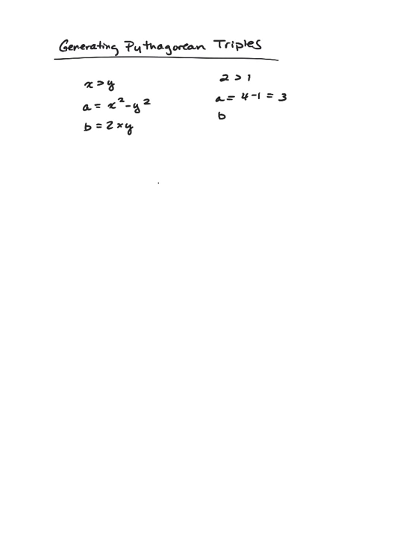So here, b would be 2 times 2, times 1, so that would be 4. C is equal to x squared plus y squared, so c would be equal to 2 squared plus 1 squared, which is equal to 5. Okay, 3, 4, 5 is a triple.